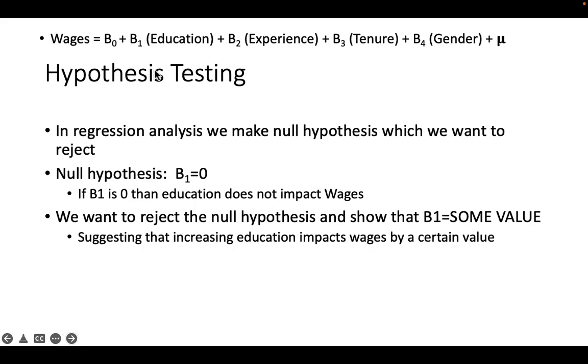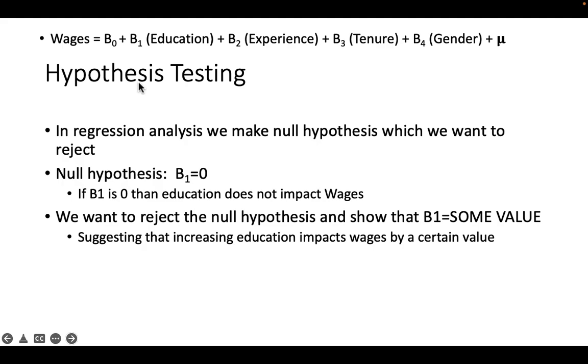So you make a null hypothesis that beta 1 is 0, and then you want to statistically reject this to show that beta 1 is not 0, therefore there is an impact of education on wages. We want to reject the null hypothesis and show that beta 1 is some value, suggesting that increasing education would increase or decrease wages by the value of the beta.